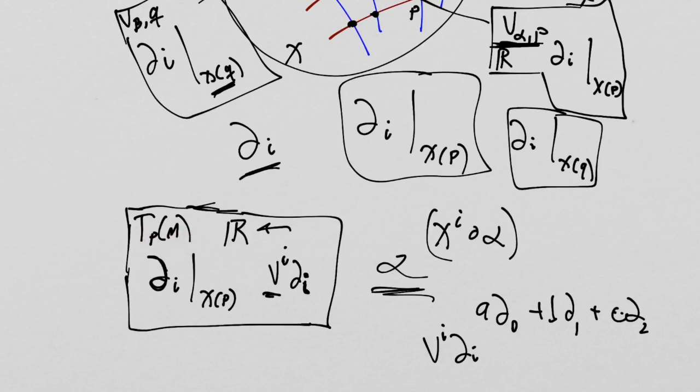So the dual basis to this basis is just some map that takes partial i, evaluated at x of p, which is an operator, and maps that to the real number 1. This is, of all the most trivial things in the world, I'm just going to call that map dx^i, right? I just name it.